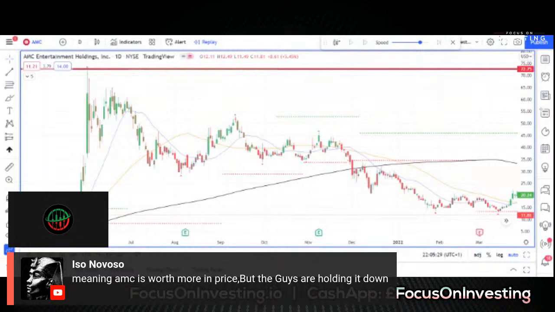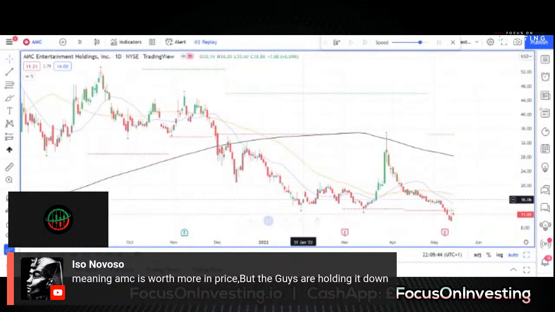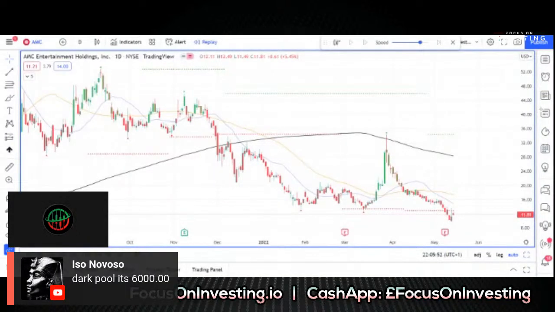Think about it, right? He's saying if you're saying it's worth more, how can it be worth more if I can buy it at a cheaper price right now? I can buy AMC for $11, right? So ISO says the dark pool is $6,000. So if I can buy a stock for $11, is the value of the stock $11 or is it $6,000?